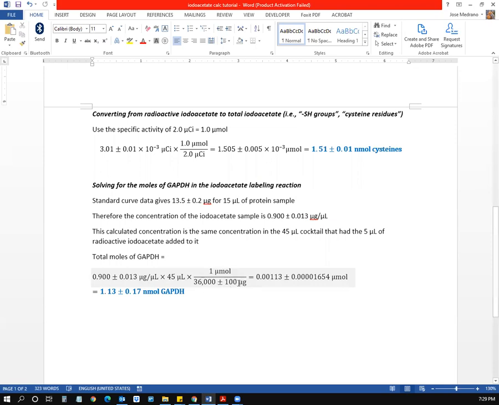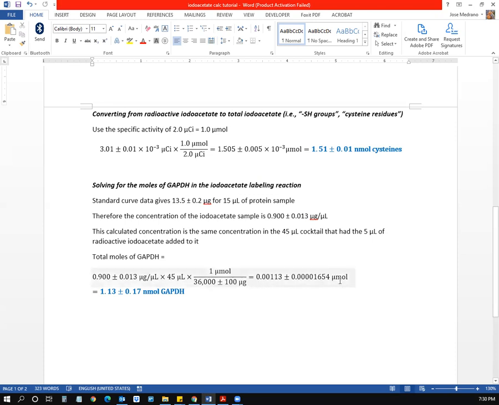I know in the discussion slides I told you to use grams per mole, but that's the exact same thing as milligrams per millimole or micrograms per micromole. I know that I'm going to produce micrograms here as a unit, so I'll put in micrograms per micromole here, so that I'm expecting a micromole answer on the right side.